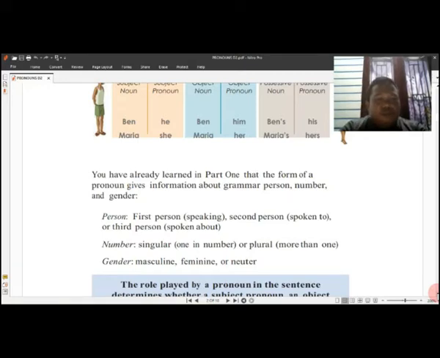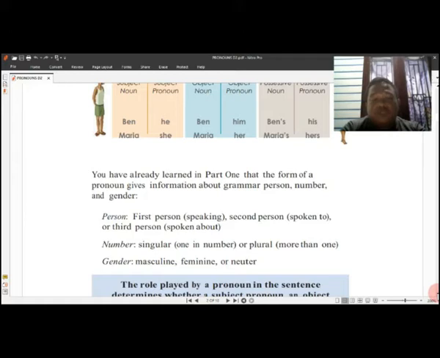The first person speaking, second person spoken to, or third person spoken about. Already explained before. And for the number, we divide them into singular and plural. Singular is one in number and plural is more than one, including two, three, four, seven, something like that. And then gender, we divide into three.